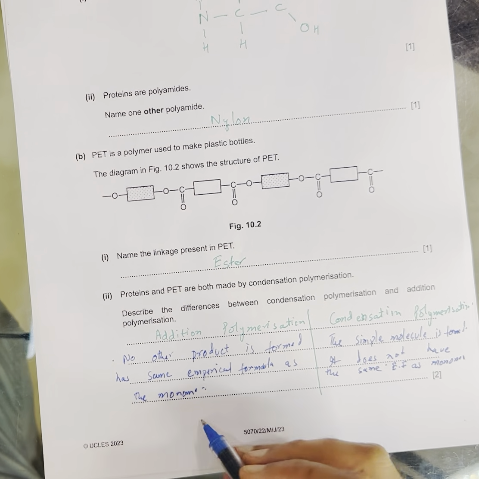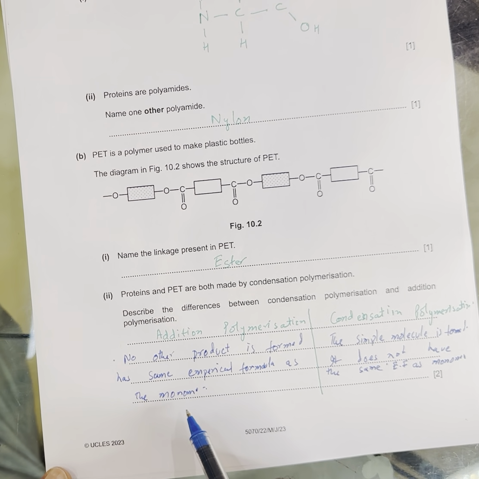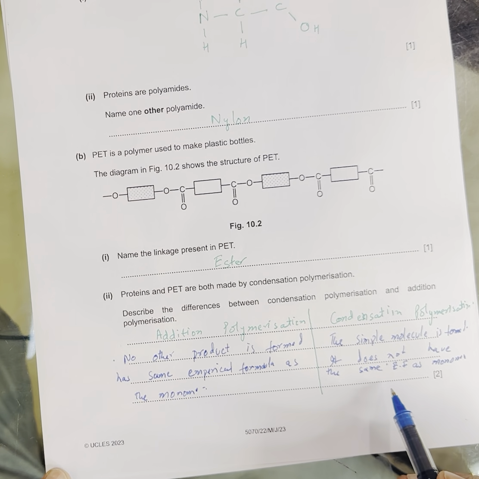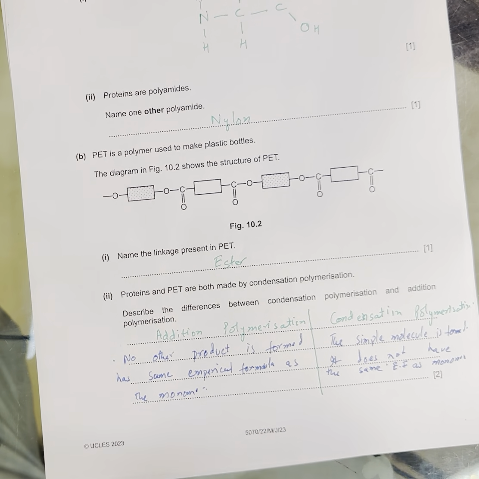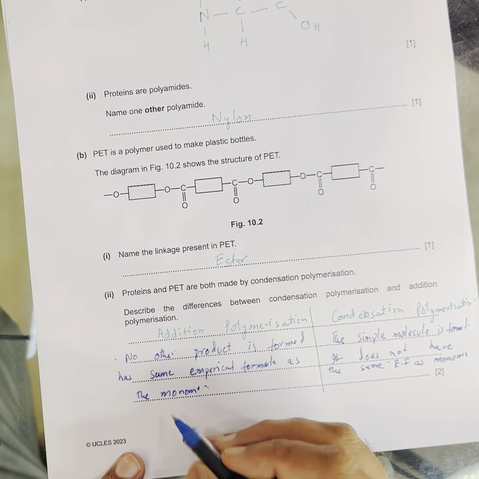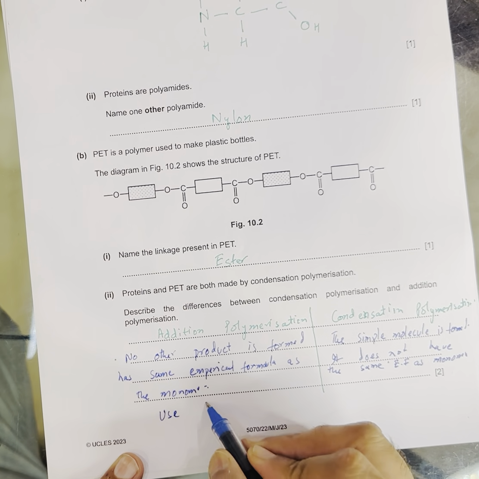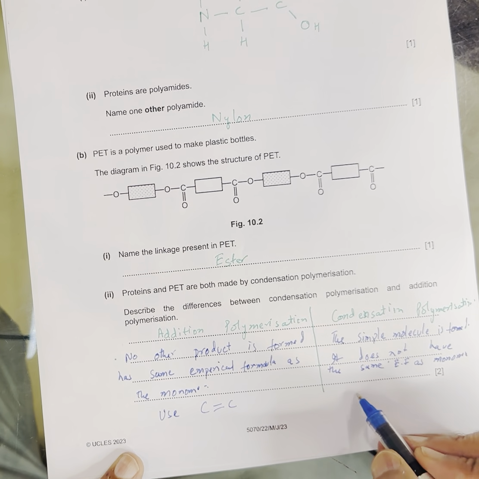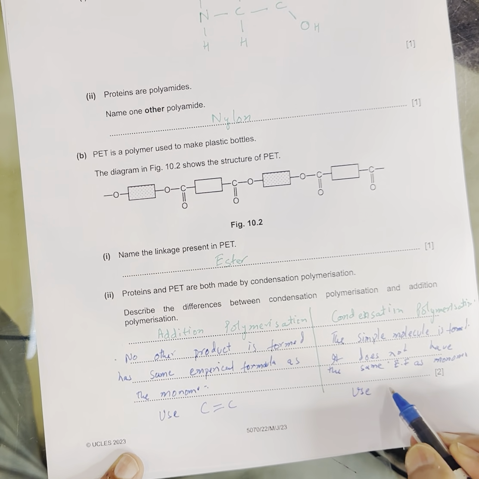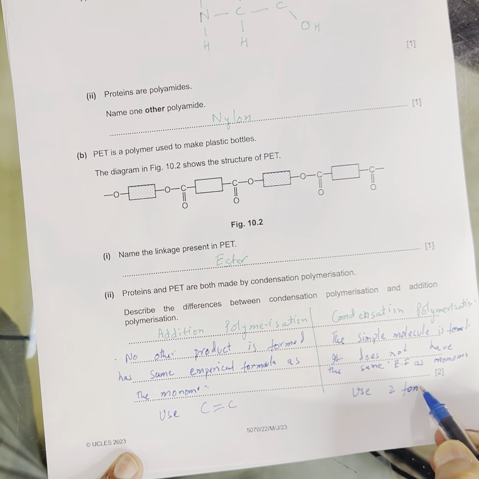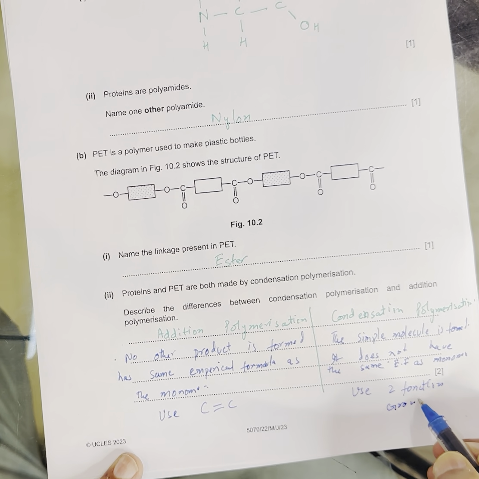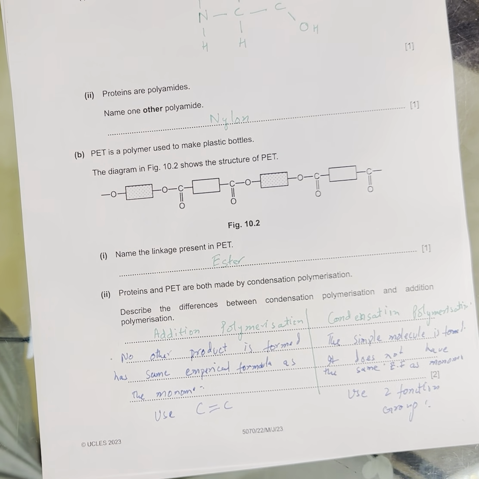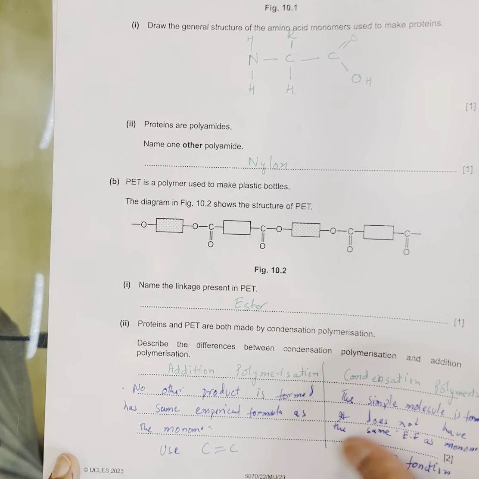Or you can say that addition uses monomers with a carbon-carbon double bond, or you can say condensation uses monomers with 2 functional groups. You need to write only 2 points. I'm just writing an extra point.